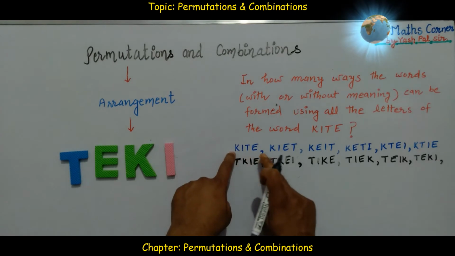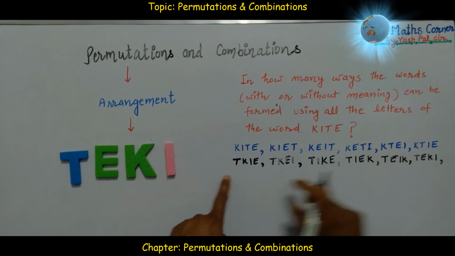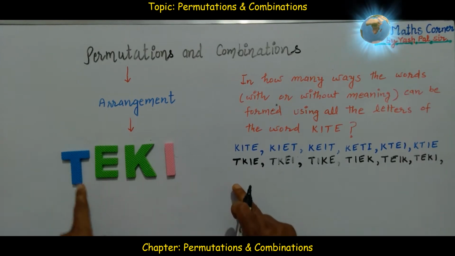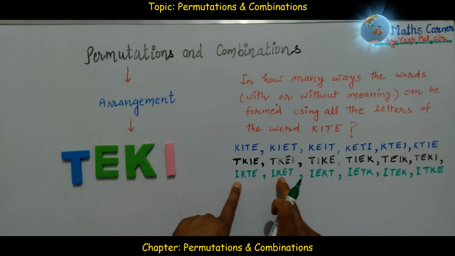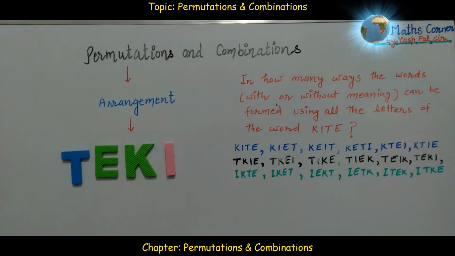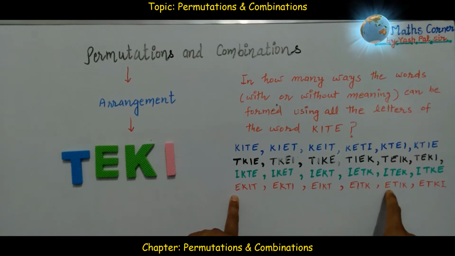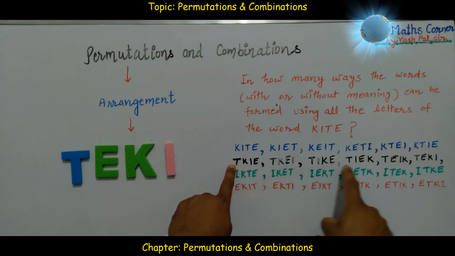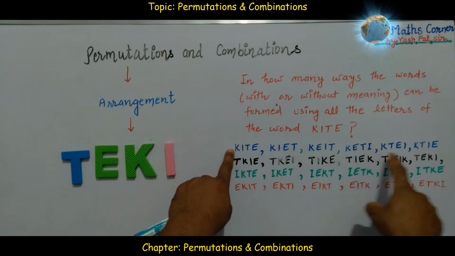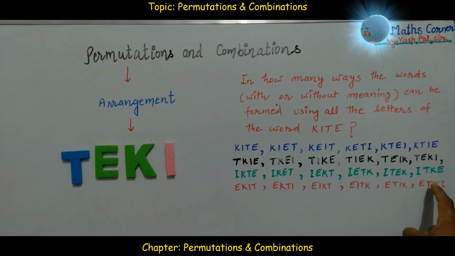In the first row, the first letter was K. Now similarly, two remaining rows with the first letters I and E. With I we have IKTE, IKET, etc. This way we have arranged the fourth row with first letter E, third row with first letter I, second row with first letter T, first row with first letter K. So 6 into 4, total 24 ways.